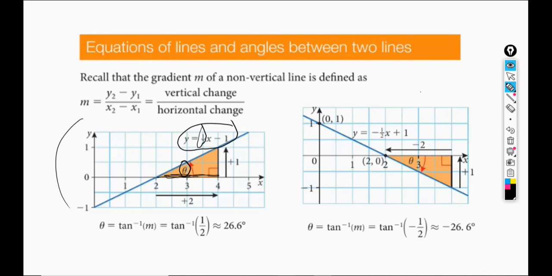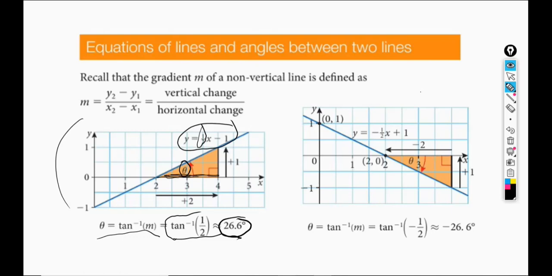So we can use inverse tangent of the slope, as indicated here, to find an angle that is formed between, say, the x-axis and a line. So then, notice that since the slope of this line is 1/2, and the inverse tangent of 1/2 is 26.6 degrees, that means that theta here is equal to 26.6 degrees.